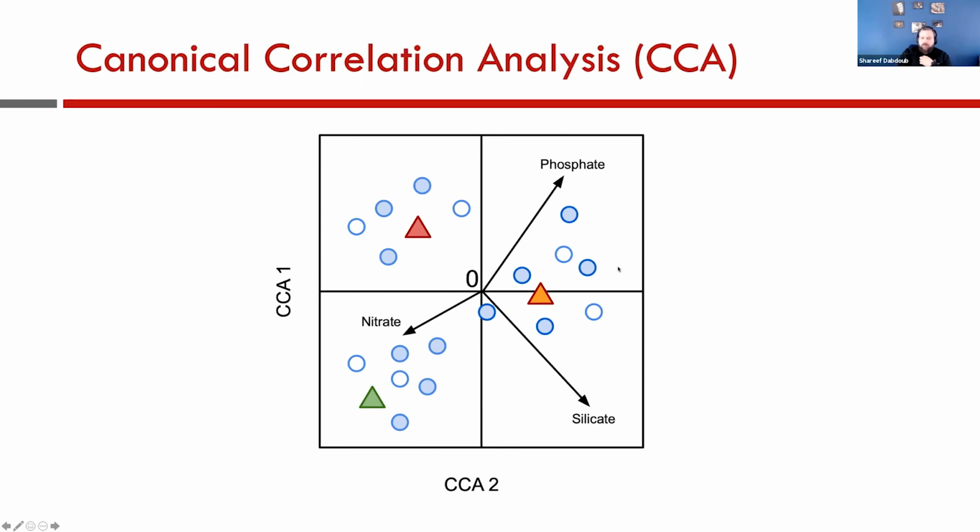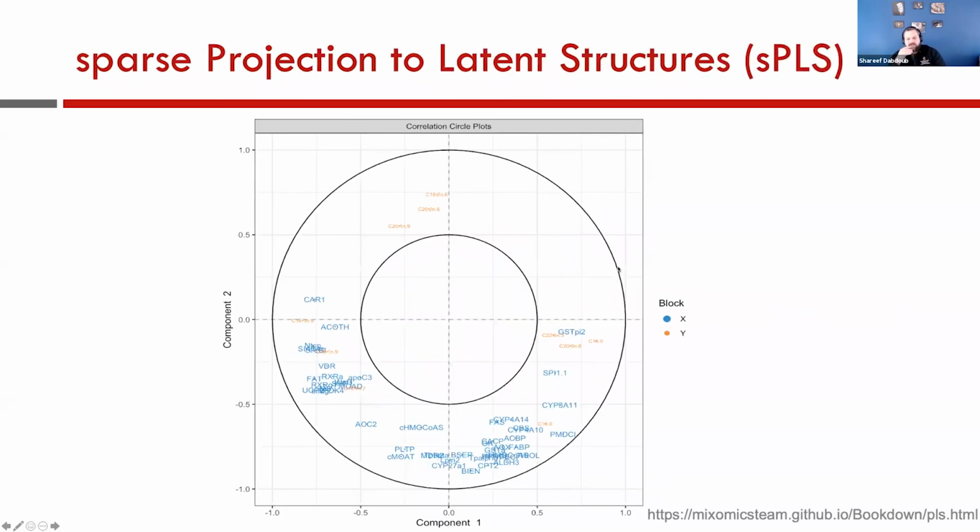And so this is an example of a more modern take on this, a correlation circle plot. Again, same idea. This is actually from a multi-omic analysis. I believe this is an example from the mixOmics vignette, correlating genes and, I believe, cytokines or something along those lines.